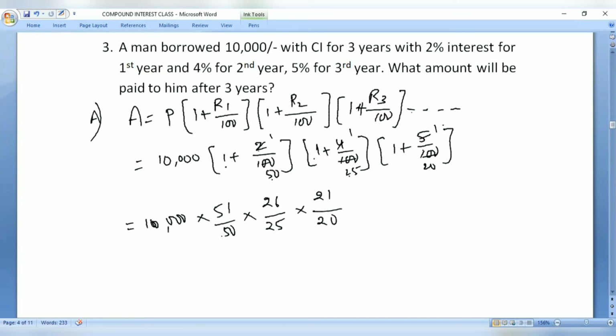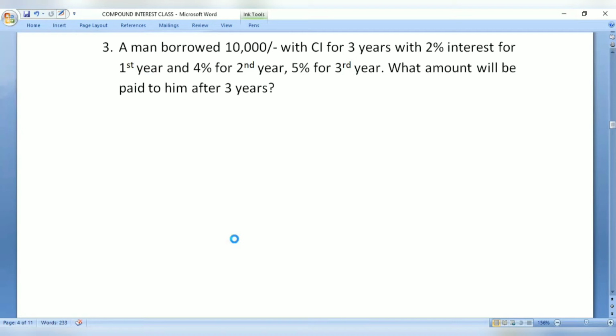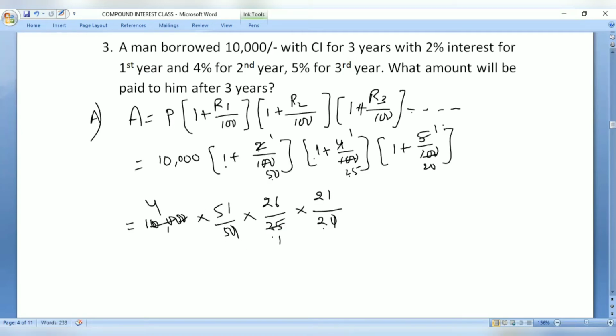So with this 50, this 0 goes cancel and 2 zeros go cancel. So 25 ones are, 25 fours are 4. Then this is 5 into 2, that is 10. So 4 into 51 into 26 into 21 divided by 5 into 2, 10.